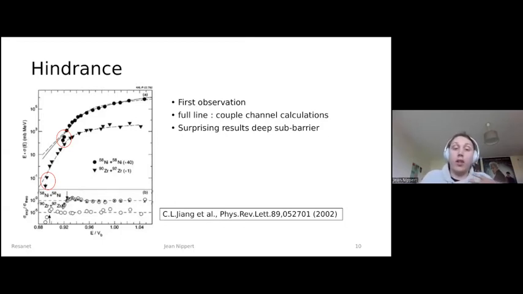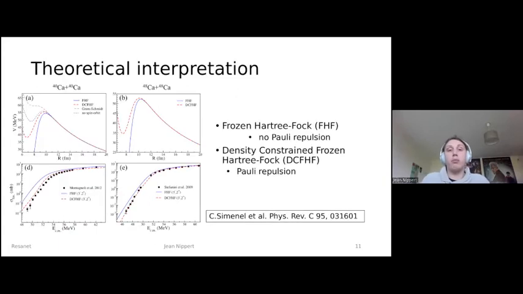And so theoreticians started to explain the phenomenon, to understand what's going on with this hindrance phenomenon. There is one particular interpretation from Cedric Simenel and collaborators that basically includes in the theory the Pauli repulsion by antisymmetrization of the wave function.